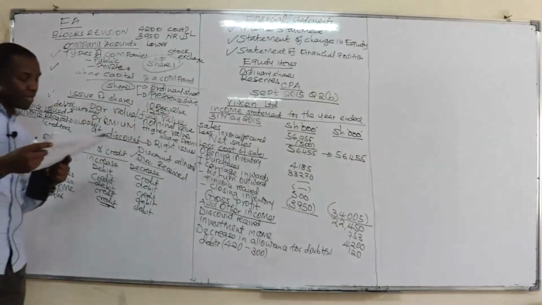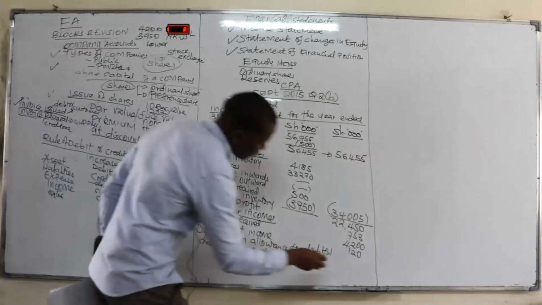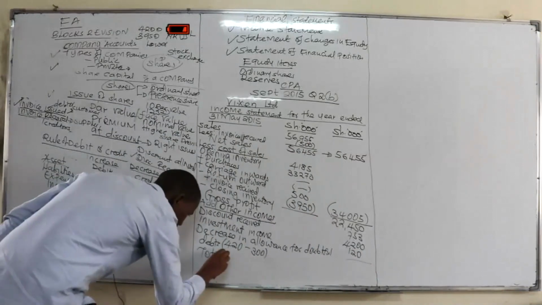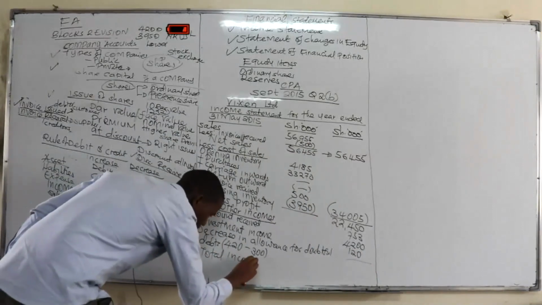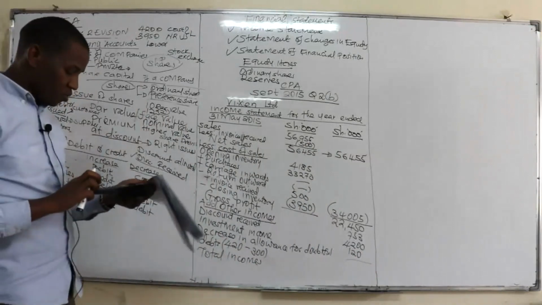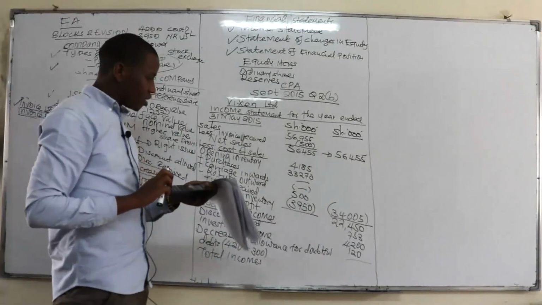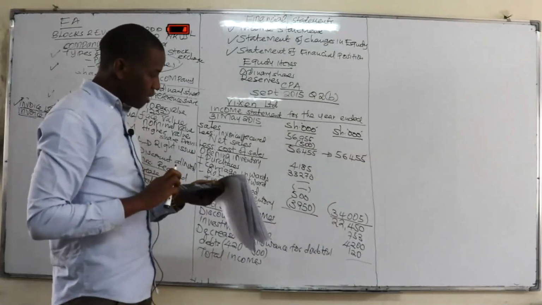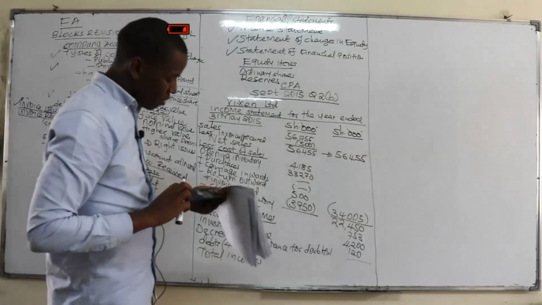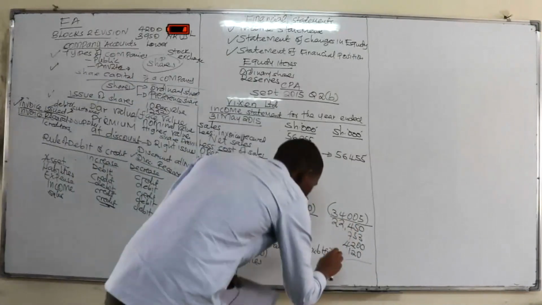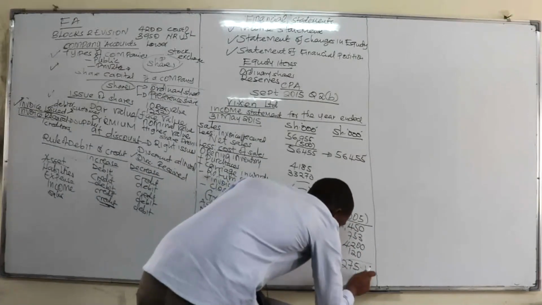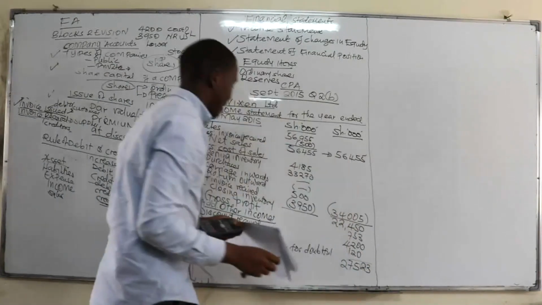We don't have any other income, and therefore after that you get the total incomes. The total incomes, which in this case will be 22,450. You add 753, you add 4,200, then 120, which in this case is 27,523. That is now the total incomes.